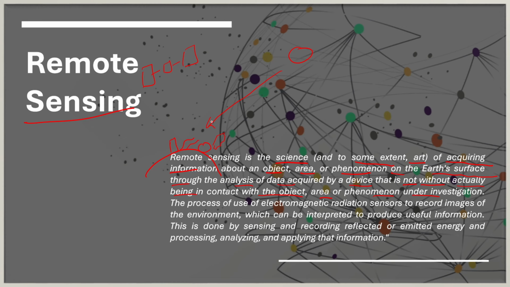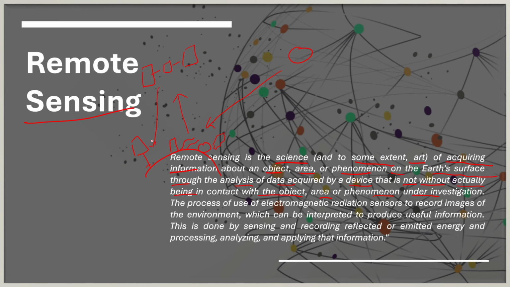After the radiation strikes the earth surface, it is reflected towards the sensor. The sensor captures the energy reflected from the surface, records it in the form of imagery, and sends this imagery to the processing station on the surface.